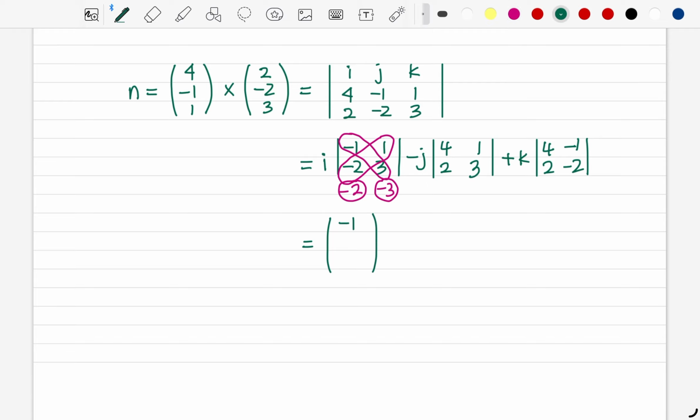The i component is -1. Similarly, we multiply 4 and 3, so 12. We multiply 2 and 1, so 2. So we take 12 minus 2, that's 10. But it is -10j. So the answer for the j component is -10. Similarly, you find the determinant of this matrix, -8, -2. So -8 minus -2, you will get -6.